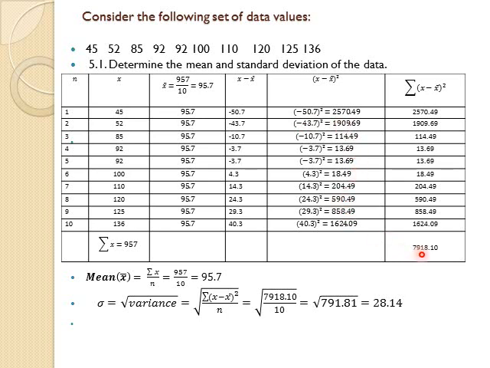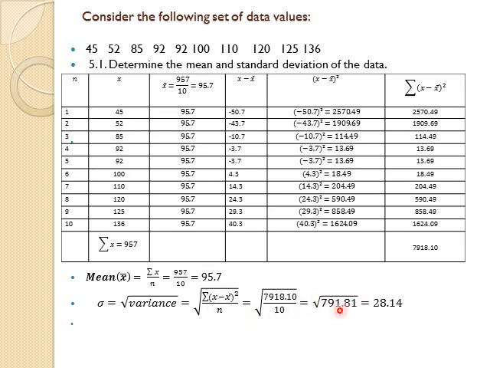So for my mean, you saw how I calculated the mean. For standard deviation, square root of my variance. So the sum of (x minus the mean) squared, 7,938.10, divided by n, which is 10 values.